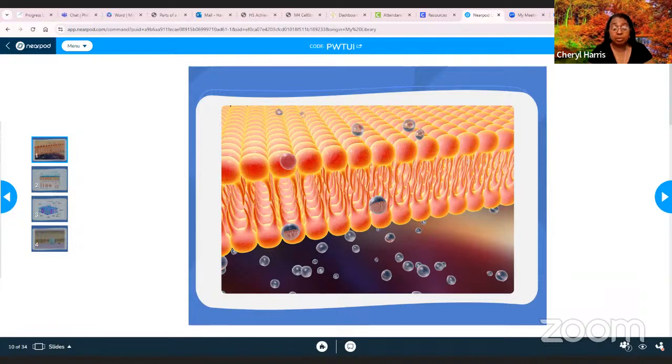Flowing through the membrane. Thank you, Kishan. Wonderful observation. Does everybody see that? These are water molecules. We're going to call them molecules and not bubbles. And they are flowing through the cell membrane. You have some on the top and some on the bottom, and we're going to assume that the bottom is the outside and they're trying to go inside. So that's that picture.